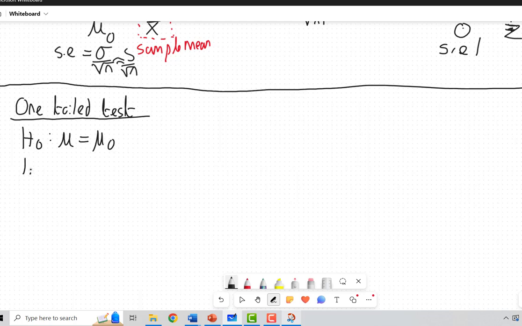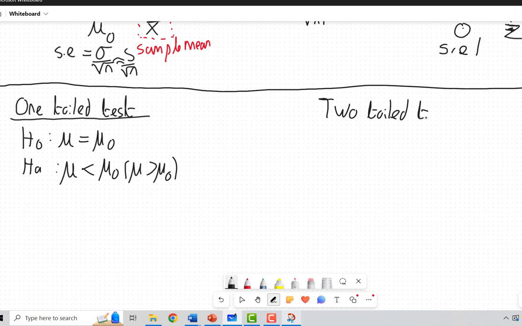And we're testing only to the left or potentially to the right. Or we can have a two-tailed test where we're testing in potentially either direction.